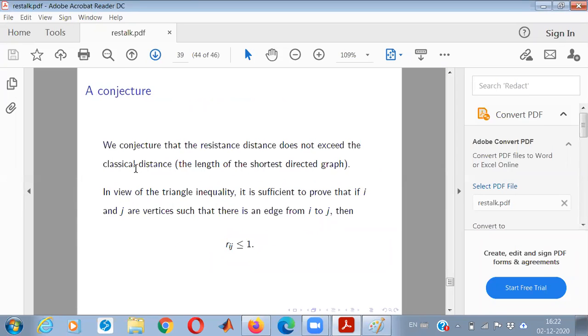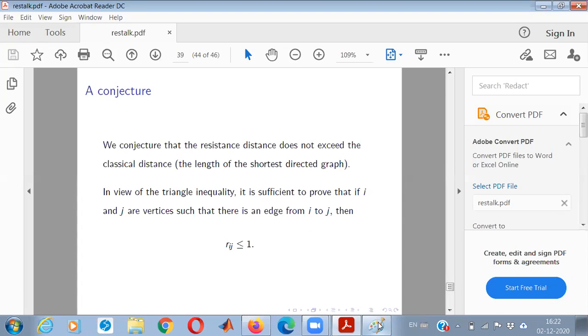Okay, so we have these unsolved problems. Many of the properties seem to hold, but we have got stuck at a very simple property that we conjecture: that the resistance distance does not exceed the classical distance. And that remains an open problem.